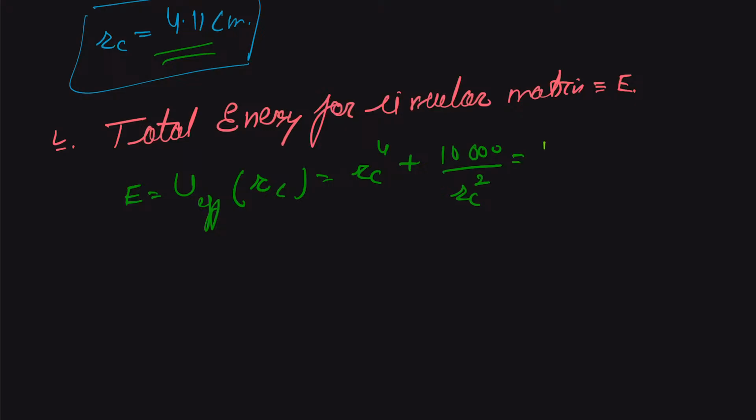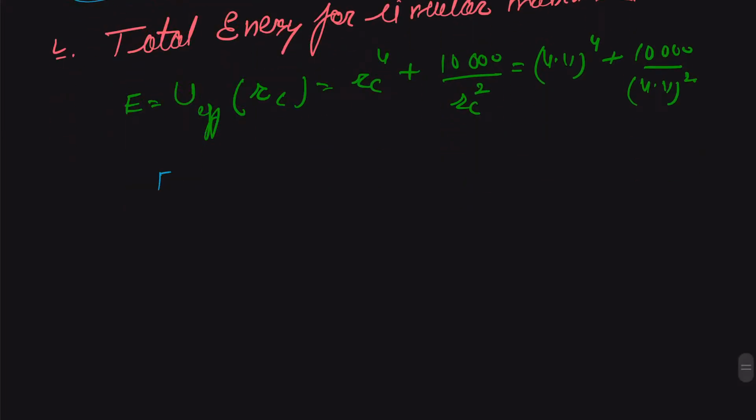So we get 4.11 whole raised to power 4 plus 10,000 divided by 4.11 whole squared. So we can say our energy is approximately equal to 877 ergs.